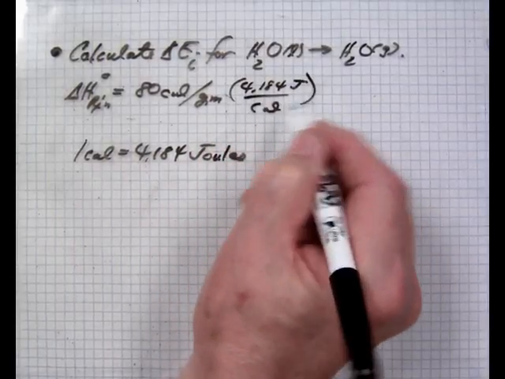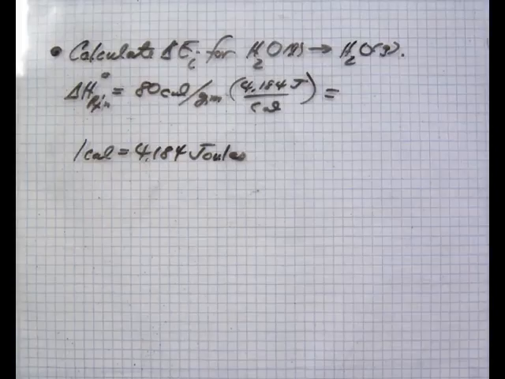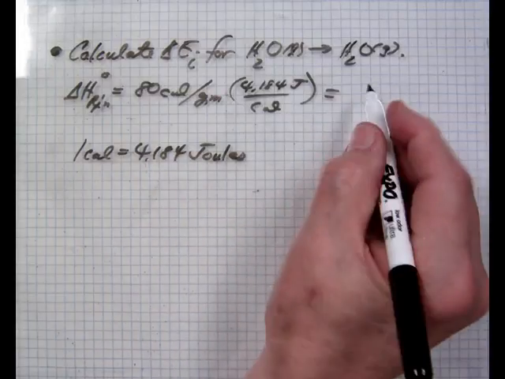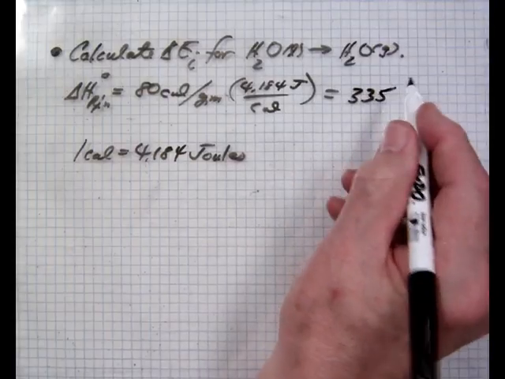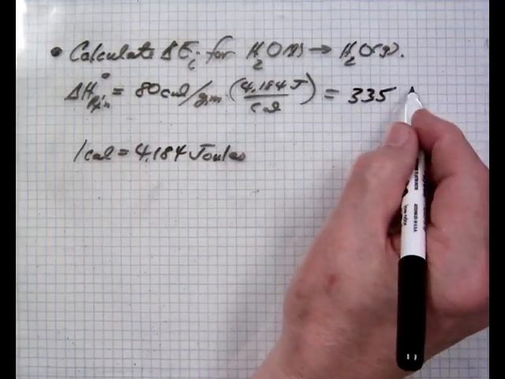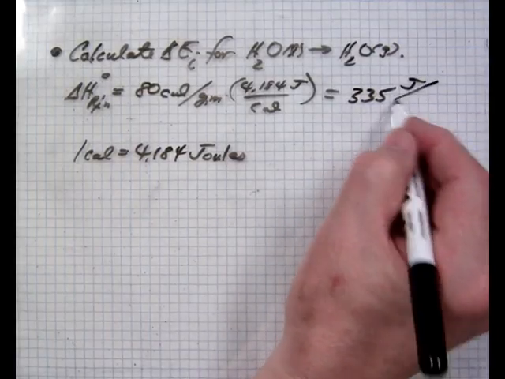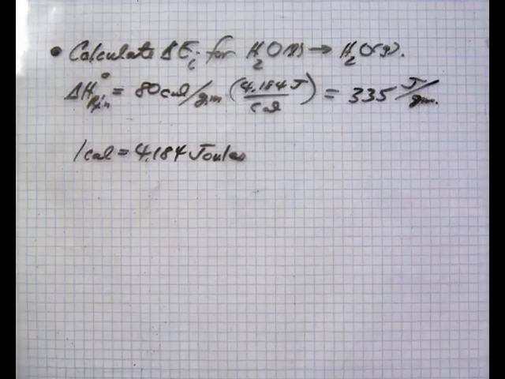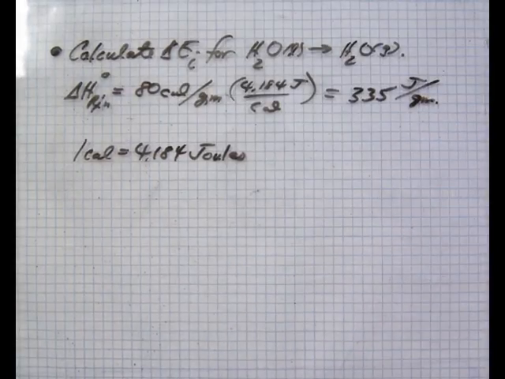This is a sidebar here in case you want to do it in joules. So 335 joules per gram is the standard heat of vaporization for water.